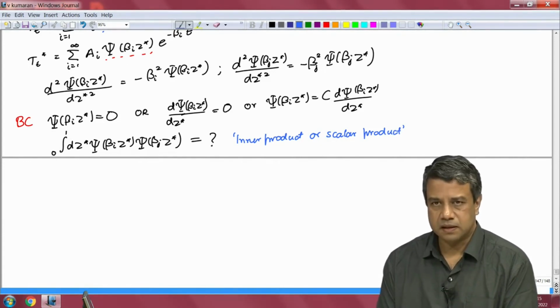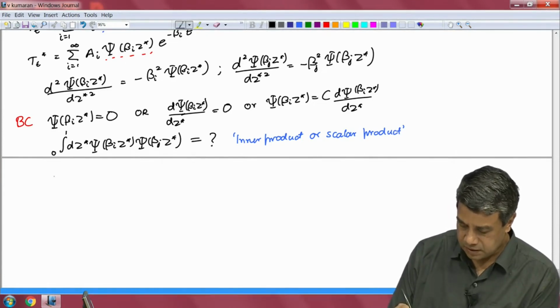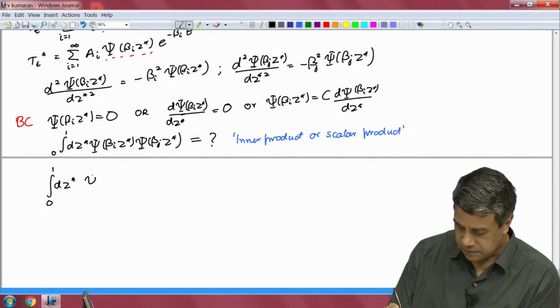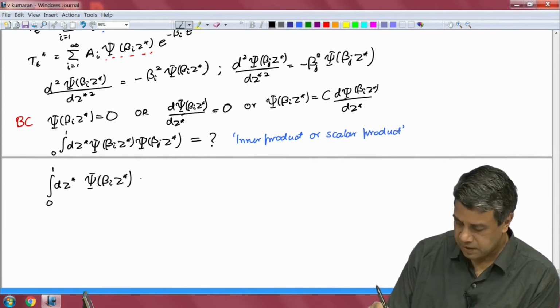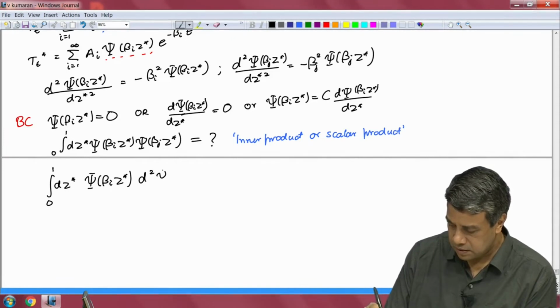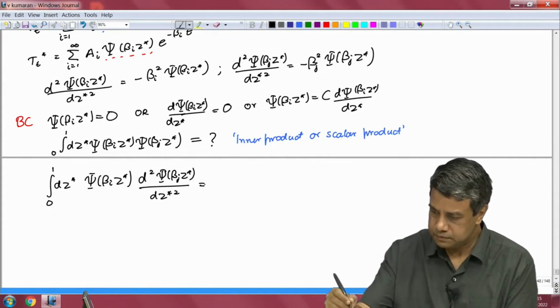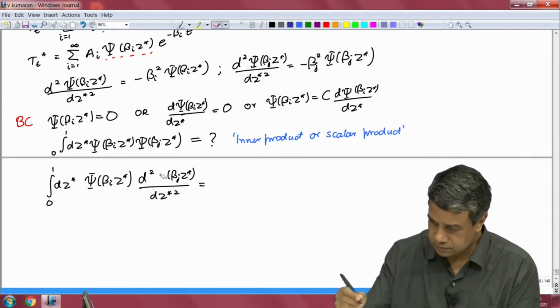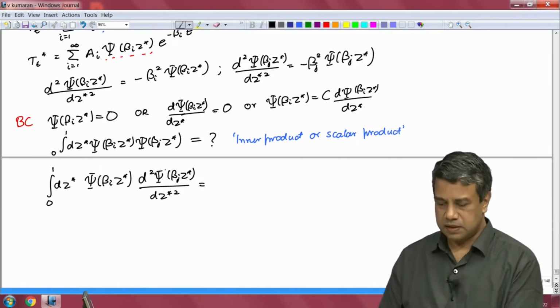So, we get it by a slightly roundabout derivation. So, let me go through that. If I take the integral from 0 to 1 dz star of psi of beta i z star times the second derivative of psi of beta j, consider this integral.